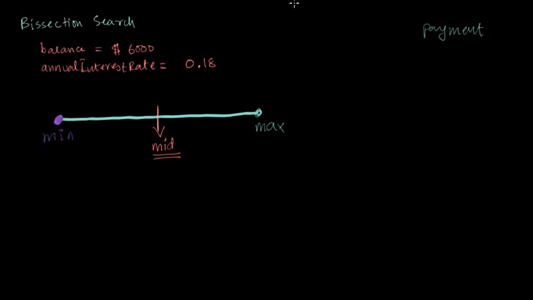If we paid absolutely no interest whatsoever, say we met a really nice bank manager who said you don't have to pay any interest, the minimum we could get away with would be $6,000 over 12 months. So it would simply be the balance divided by 12. That would be the minimum amount.